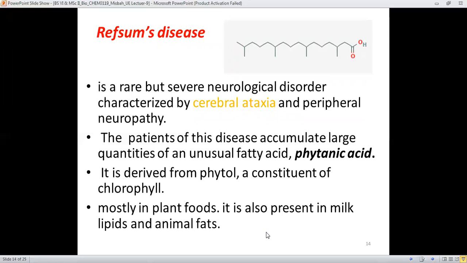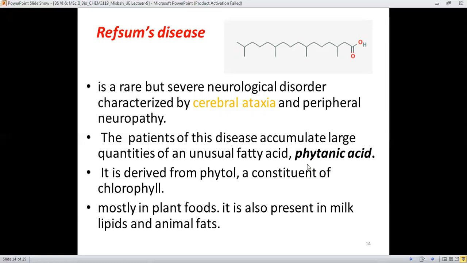Even the voluntary actions are not under his control. Therefore, the balance of the body is very weak, and there is peripheral neuropathy.